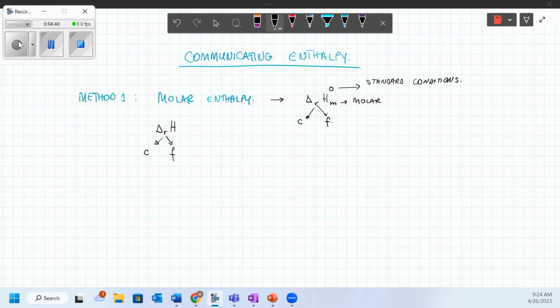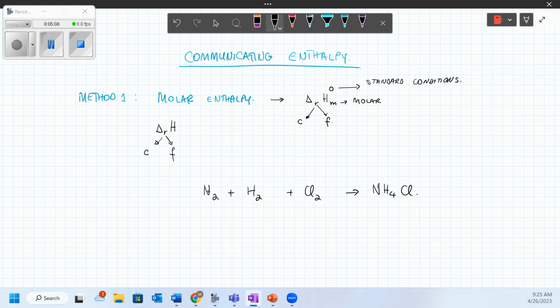Even if you have 3 elements, like in the case of ammonium chloride, NH4Cl, as the reaction, you are writing N2 plus H2 plus Cl2 gives you NH4Cl.